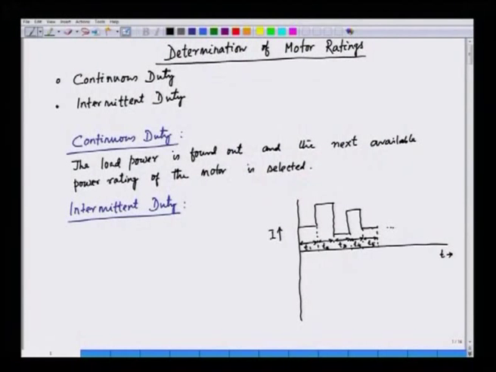We have I1 for interval T1, and I2 for interval T2, and this is I3 for interval T3, and I4 for interval T4, I5 for interval T5, and similarly we have In for interval Tn.